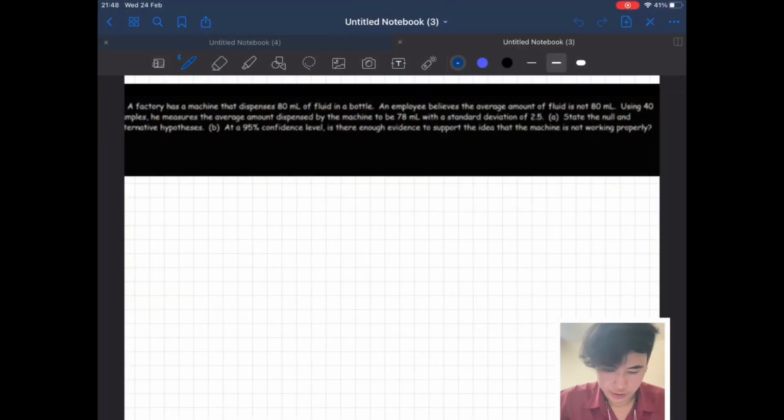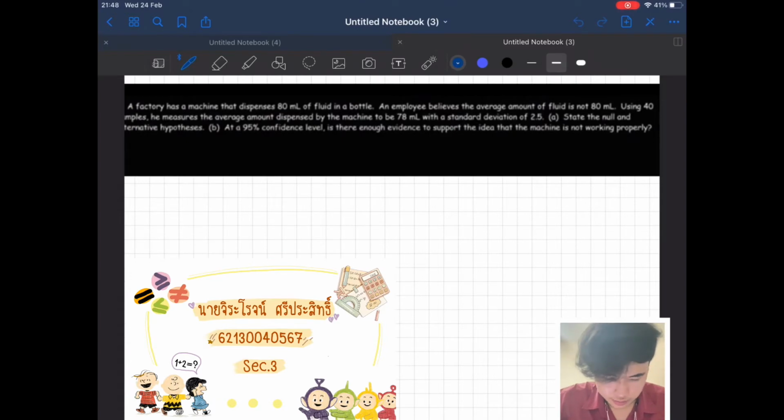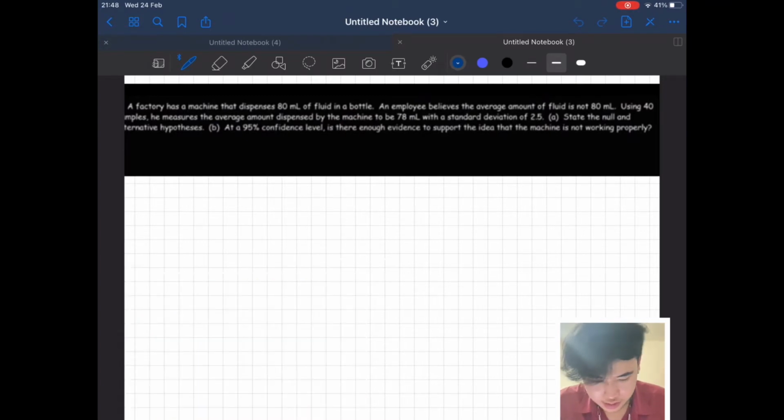A nurse has a message that this patient exceeds milliliters of fluid. A nurse and expert believes the average amount of fluid is not 80 milliliters.